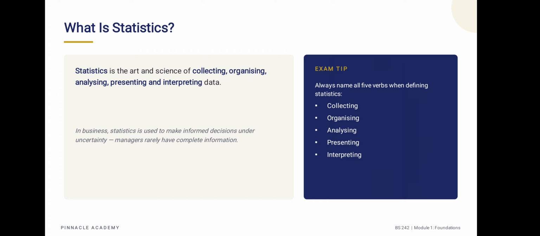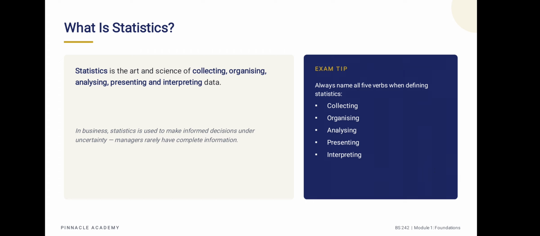By formal definition, we can say statistics is the art and science of collecting, analyzing, presenting, and interpreting data. Notice I said art and science, not just science. That is deliberate. The science part is the technical side of statistics. It's the one that encompasses things such as formulas, the tables, the calculations, the things that have one correct answer. The art part is the judgment side.